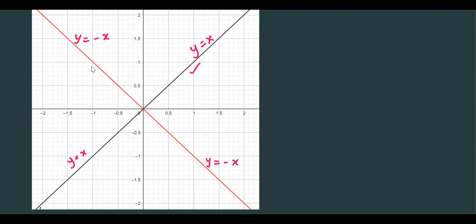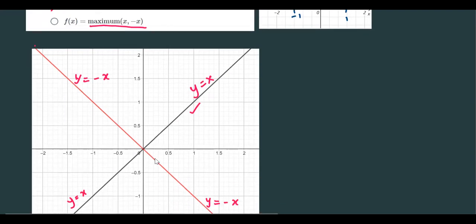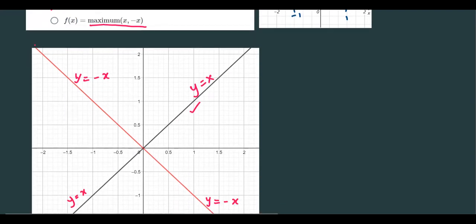So values of y equal to minus x are greater than y equal to x, because this will be negative values, this will be positive values. So in effect, when we choose maximum in both cases, it refers to this graph.